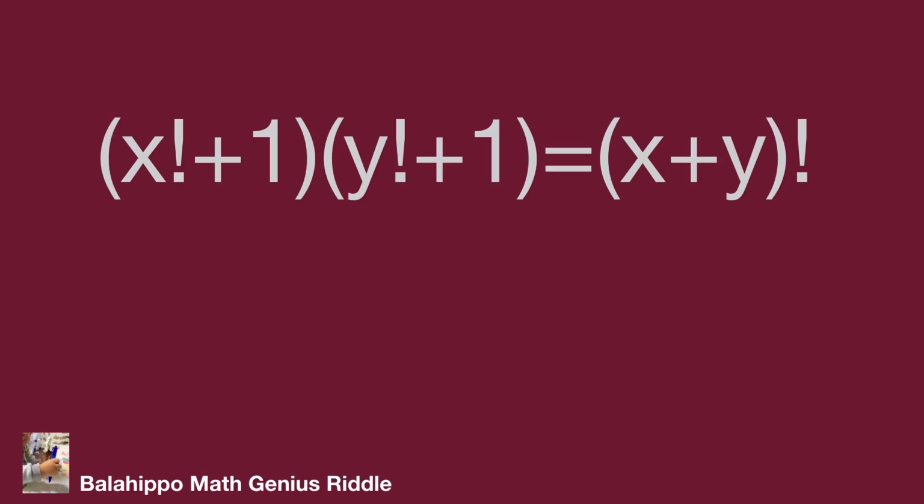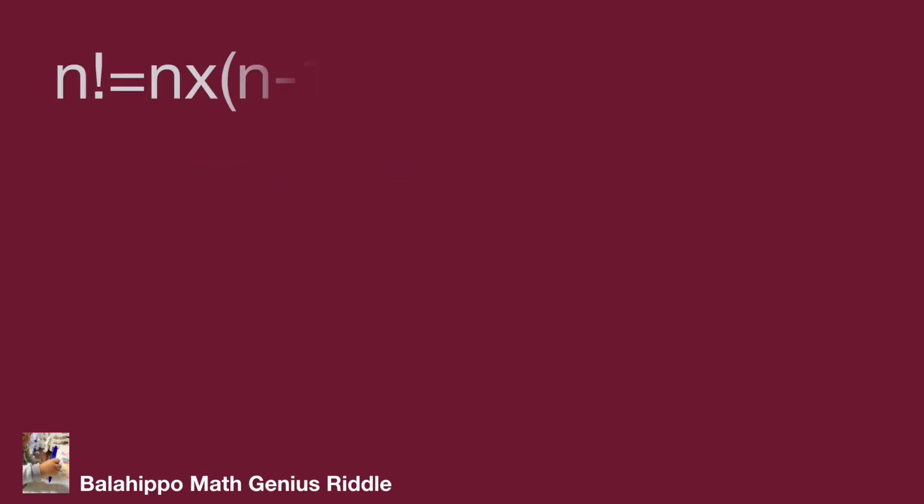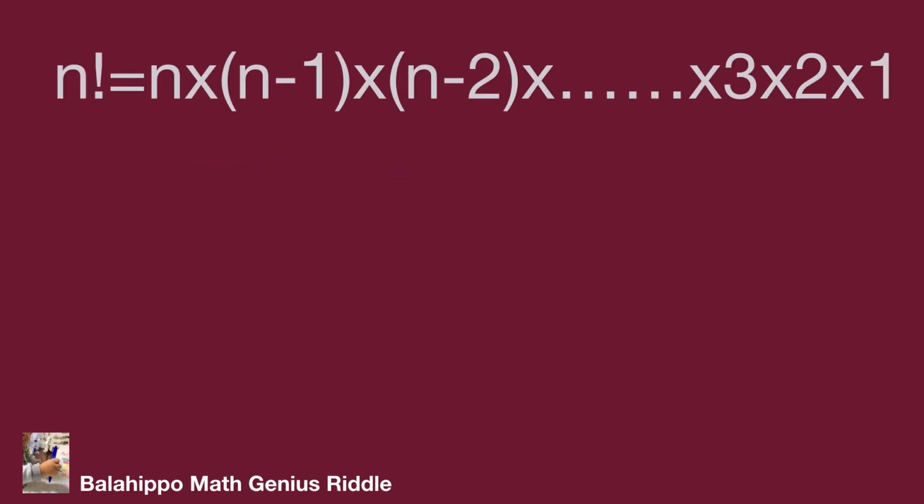Recap the factorial definition. n factorial equals n times (n minus 1) times (n minus 2), and so on, the number decreasing by 1 each time until the end, 3 times 2 times 1.